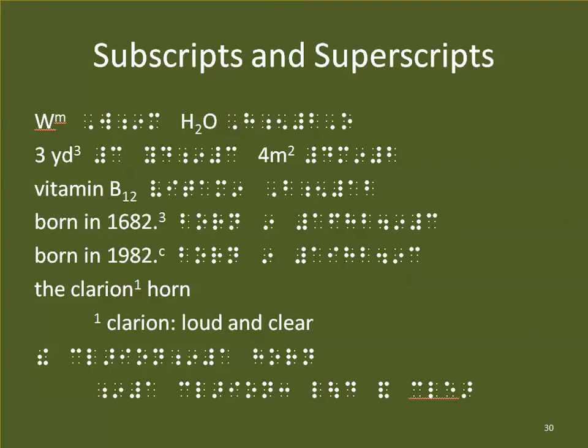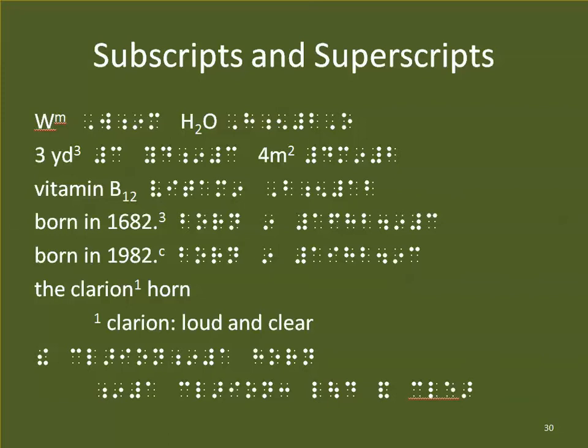So sometimes the name William is written as capital W and then a small lowercase raised m. That is considered superscript position in UEB. So we have capital W, we're in contracted Braille, so that superscript indicator would be read as the contraction IN.